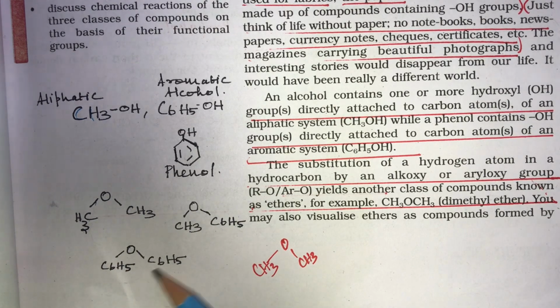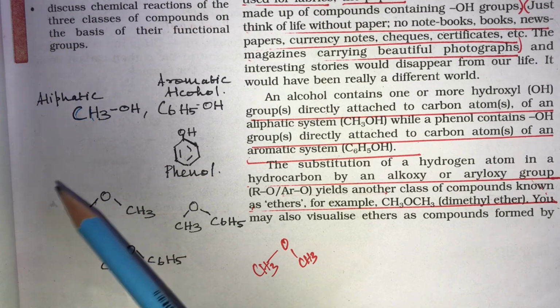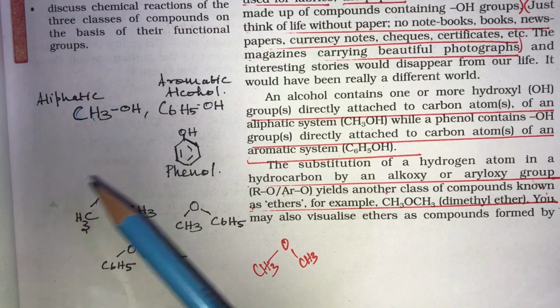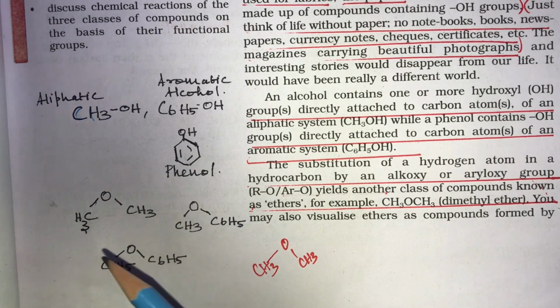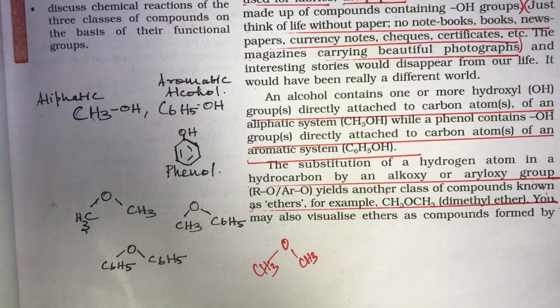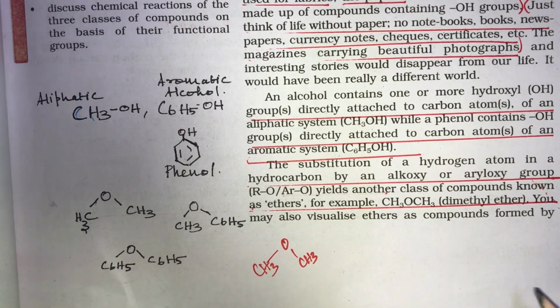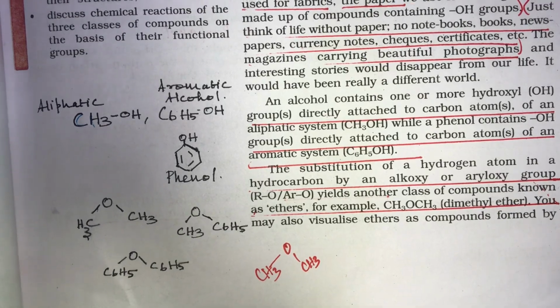Different groups attached to the oxygen are called mixed ethers, that is, symmetric ether and unsymmetric ether. Examples: dimethyl ether, methyl phenyl ether, diphenyl ether. IUPAC names: methoxymethane, phenoxymethane and phenoxybenzene. So that is how they are named. Ethers are those where the hydrogen in the hydrocarbon is replaced by an alkoxy group.